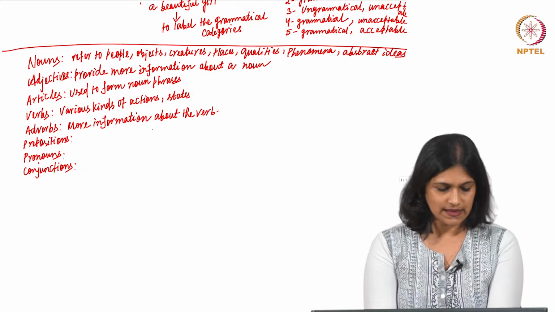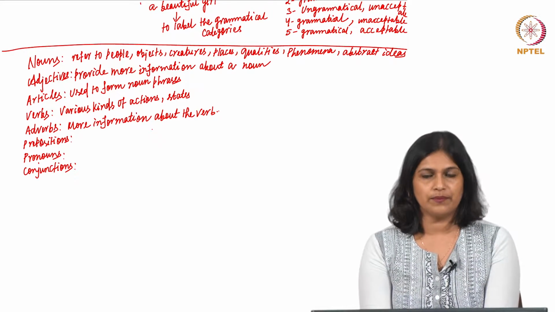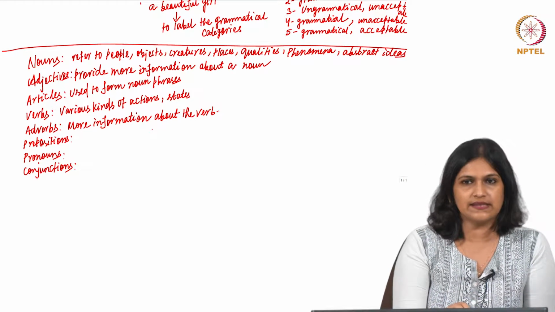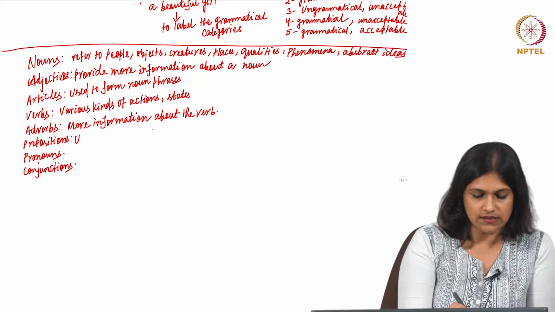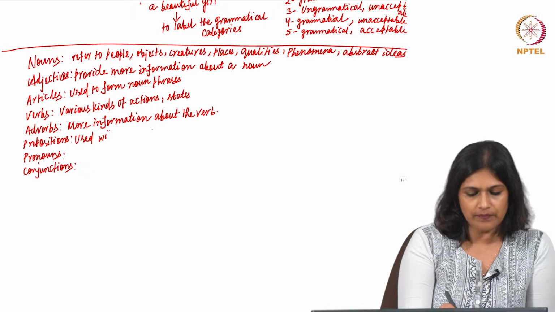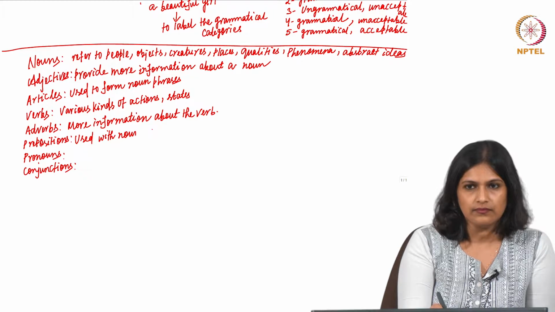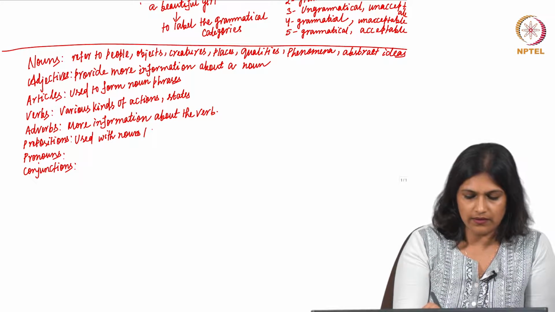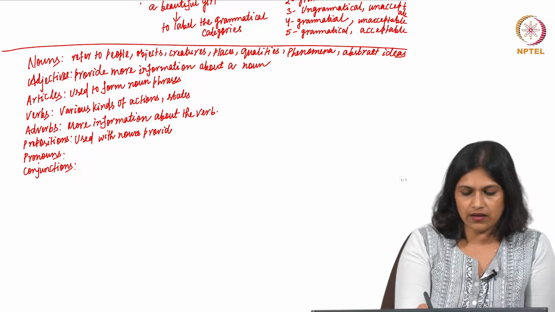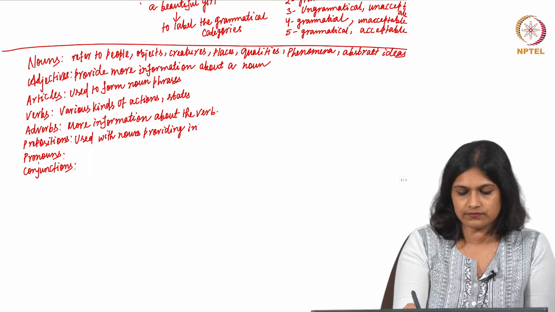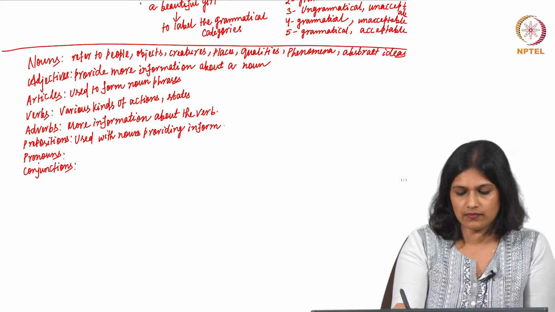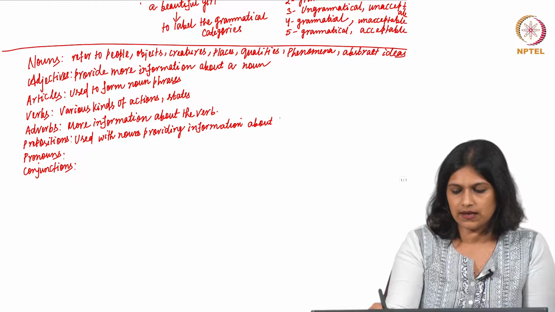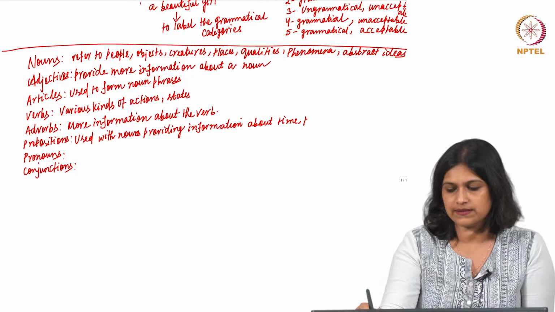And then the next category that we have is preposition. The prepositions are generally, how do you understand? These are the words which are used with nouns providing information about time, place.